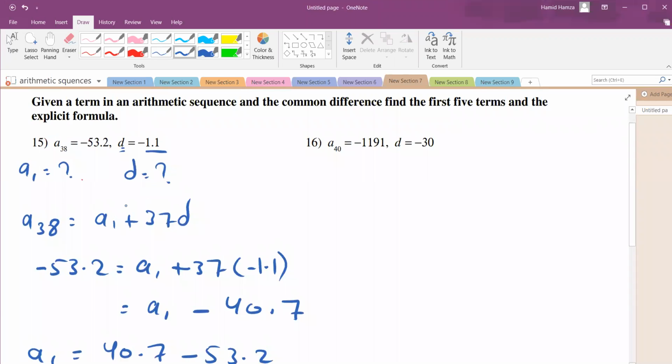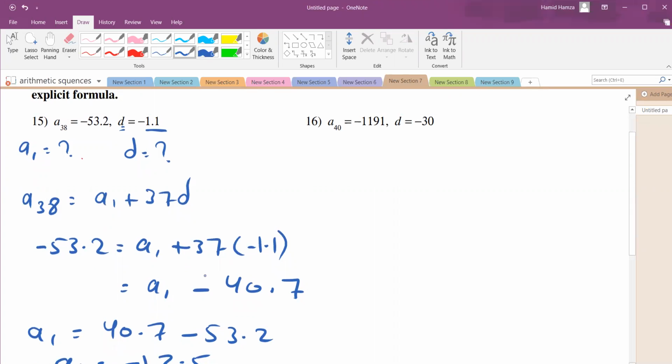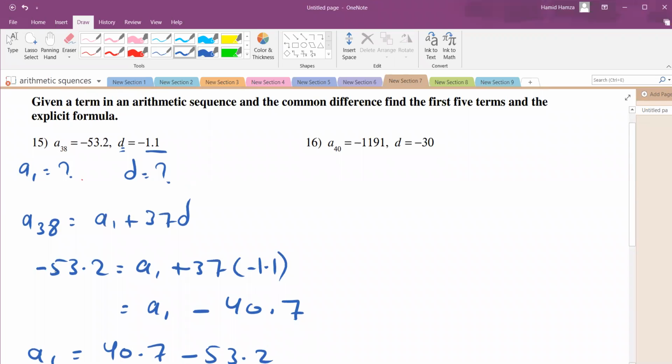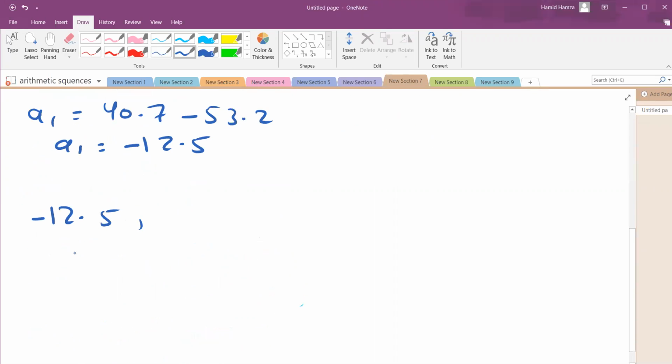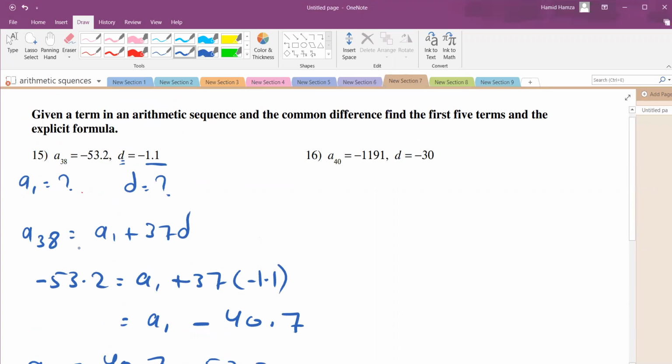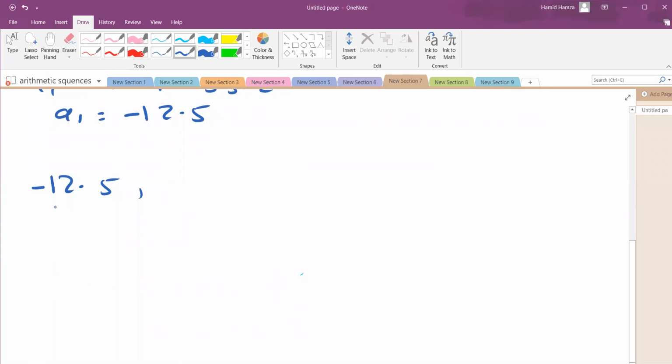So if I wanted to check it, so this part is what? 5. Yeah. So we'll add negative 1.1. So the next term will be negative 13.6.